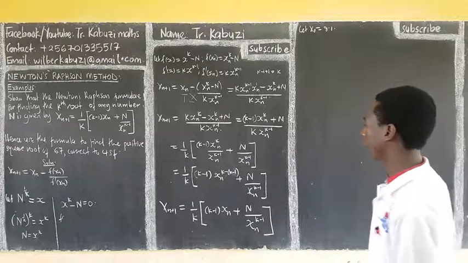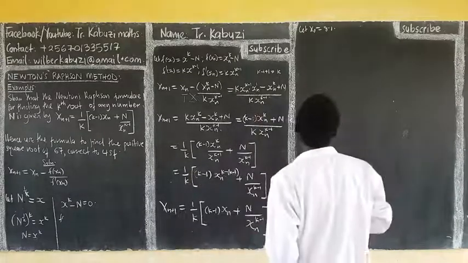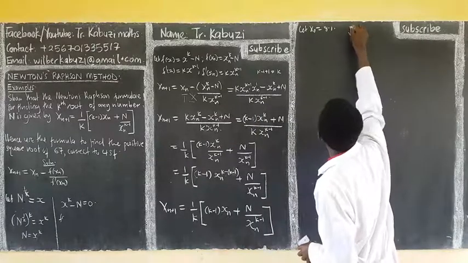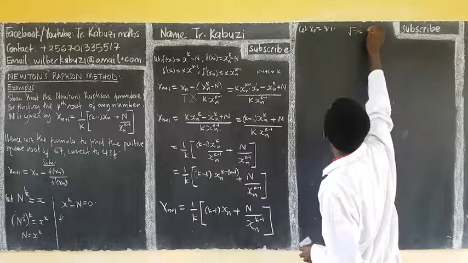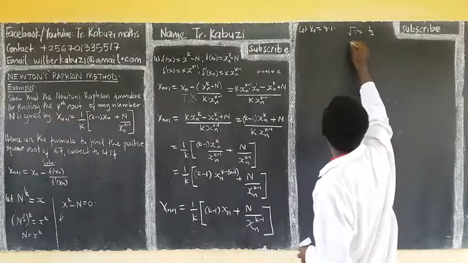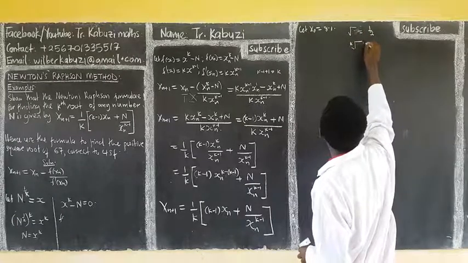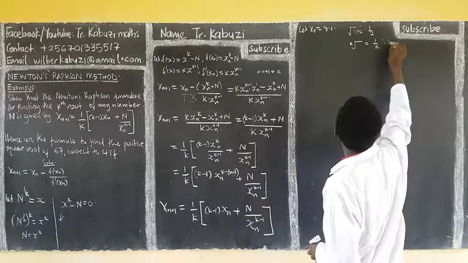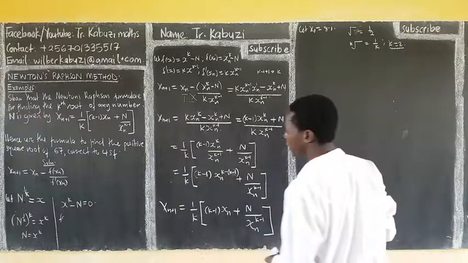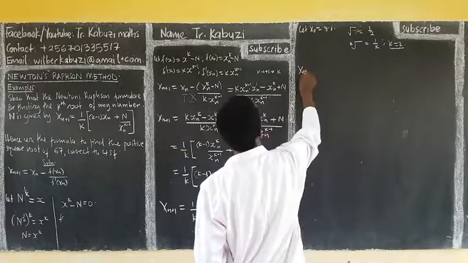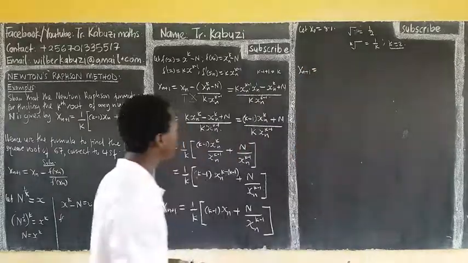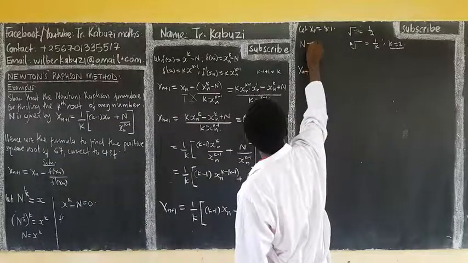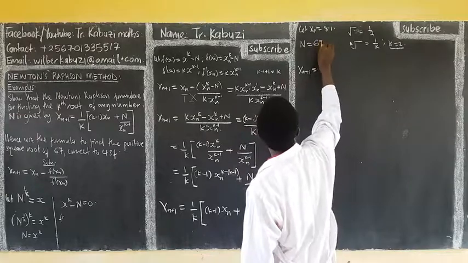Then after that, what is my k? Remember the square root is the same as a half. So if you compare with the kth root, it's the same as 1 over k, meaning that our k is 2. Now from my x_(n+1), the number we are dealing with, n, is 67.